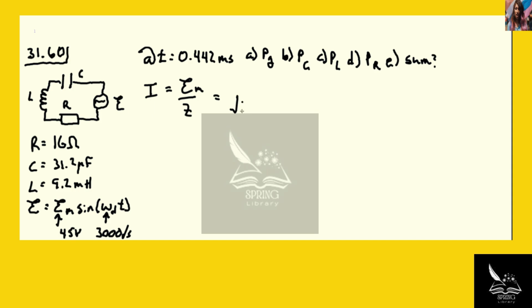So the impedance is going to be the usual formula here: the square root of R squared plus (omega d L minus 1 over omega d C) squared.